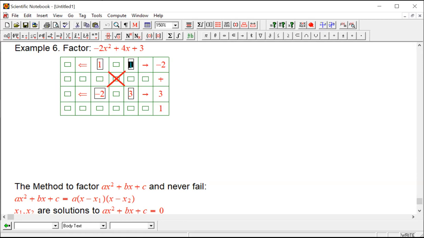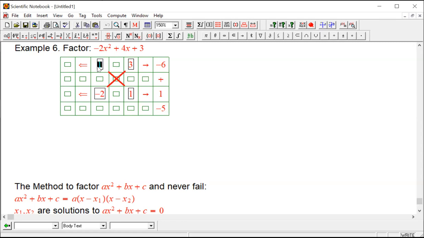So let's try 3 times 1. -2 times 3 is -6, 1 times 1, and we get -5. It does not match the 4. Oh no, what are we going to do? Well, we just have to keep trying, because you have to factor this.